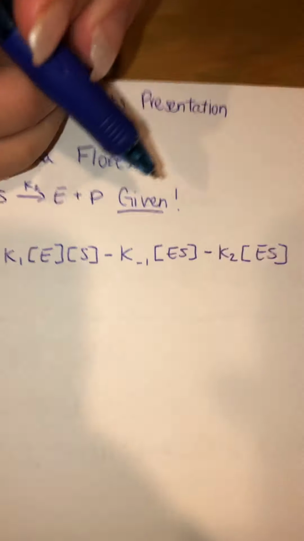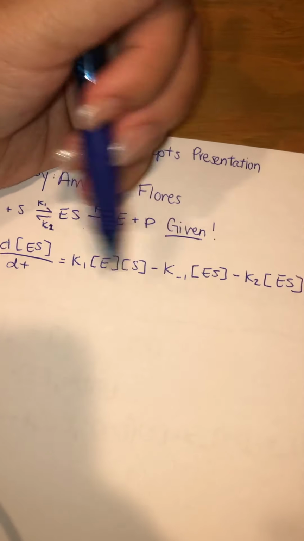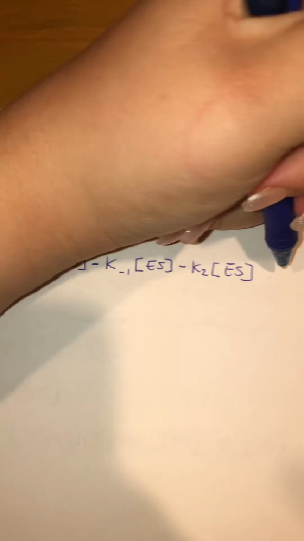And once we've created this equation for the instantaneous rate of change, we are going to set it equal to 0.